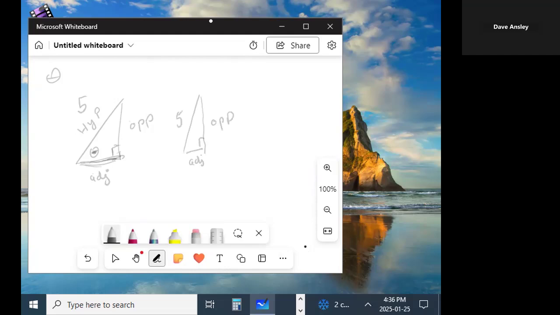But if this is five, there's no way the adjacent can be more than five. Are you with me so far? Yeah, because the hypotenuse is obviously the c squared. That's going to be the longest, right? Well, that's actually because the word hypotenuse means biggest. Sure. Okay, so it's the biggest, right?